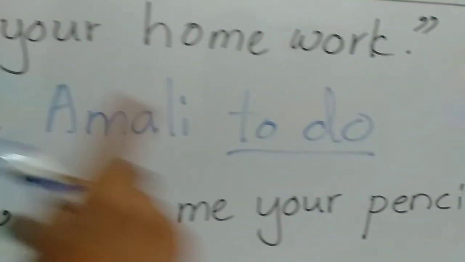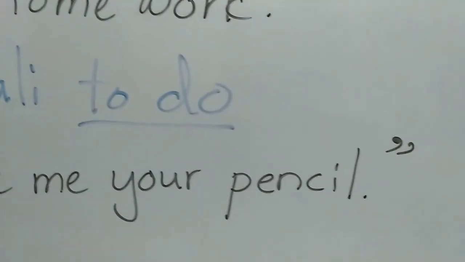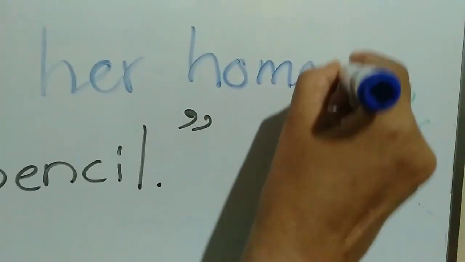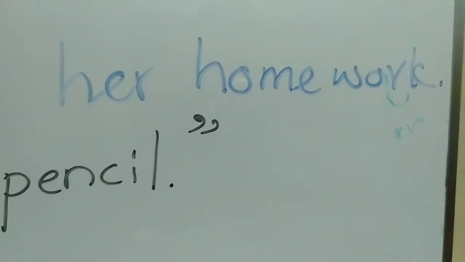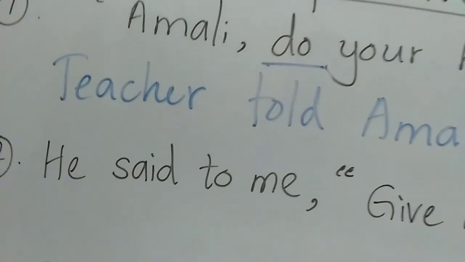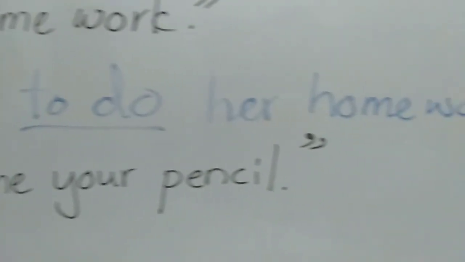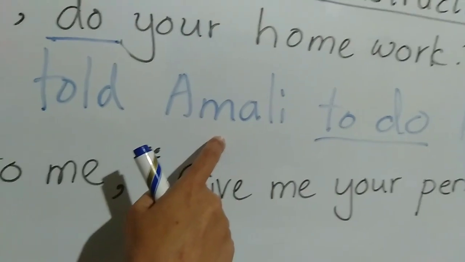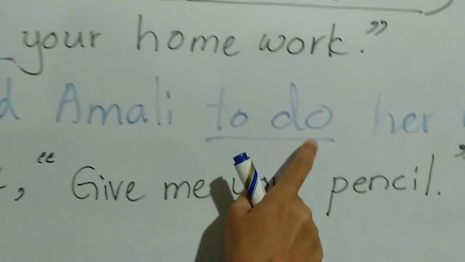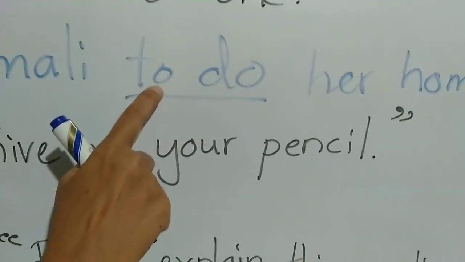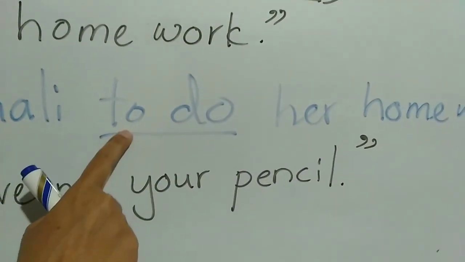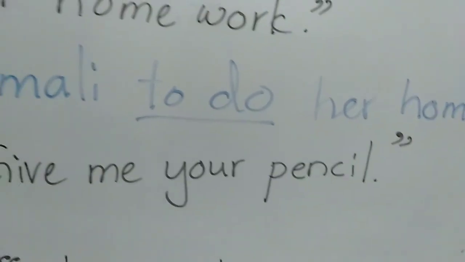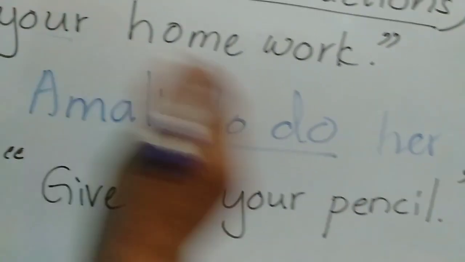To do her homework. I think you understood. Teacher told Amali. This verb we have kept here with the infinitive, to do her homework. That is the way it will be coming to her.